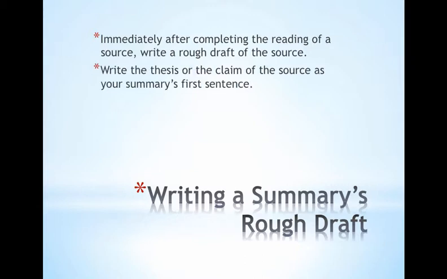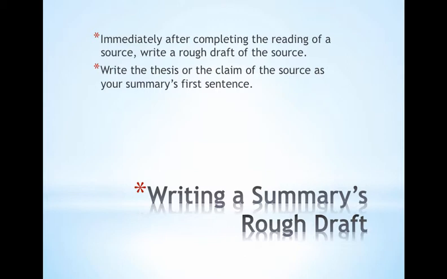When you're writing that rough draft summary, make your very first sentence the thesis or the claim of the source. And by that I mean the overarching thesis or the overarching claim. What's the point? Sometimes you'll be lucky enough and the writer will have said something like, in this article I prove that X, X, and Y, Y, right?